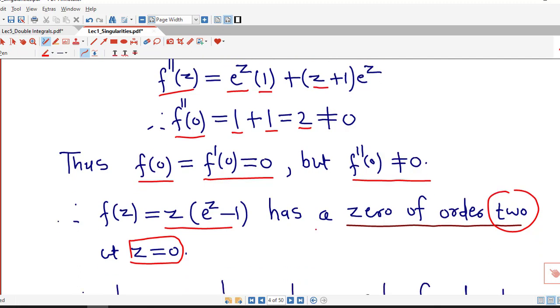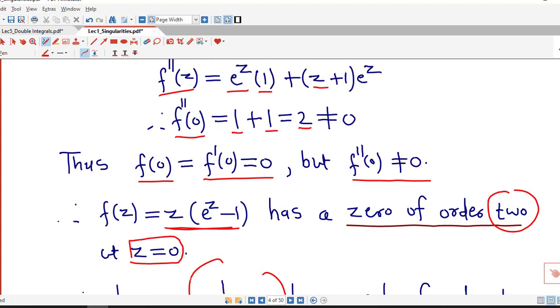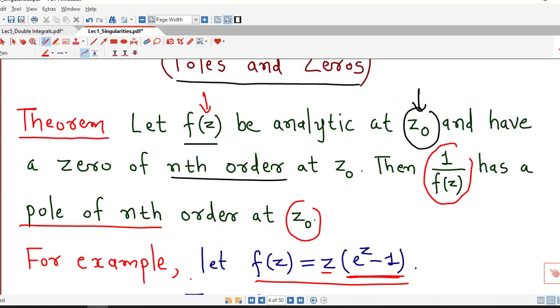So if we take the reciprocal of this function, which is 1 over z times (e raised to z minus 1), then this function has a pole of second order at z equal to 0. Because this function has a zero of second order, its reciprocal function has a pole of second order at z equal to 0. So this is a very useful result.